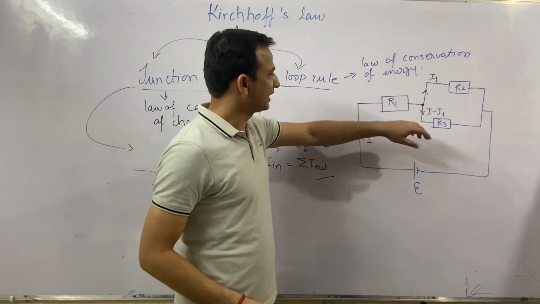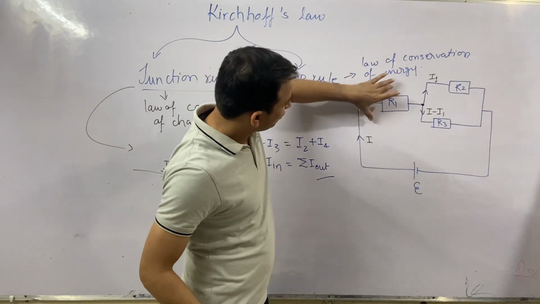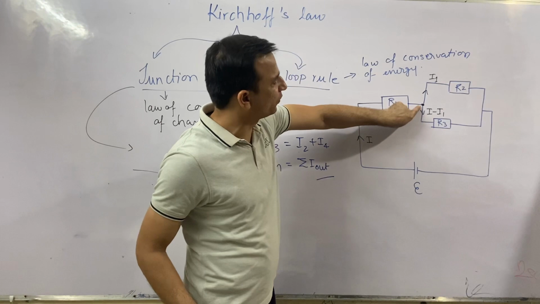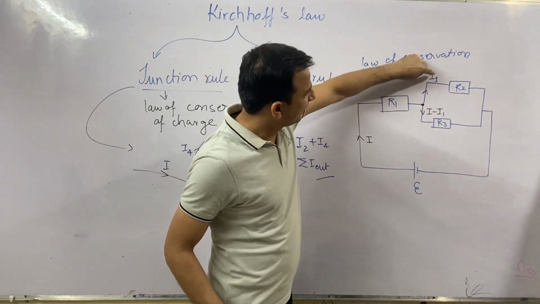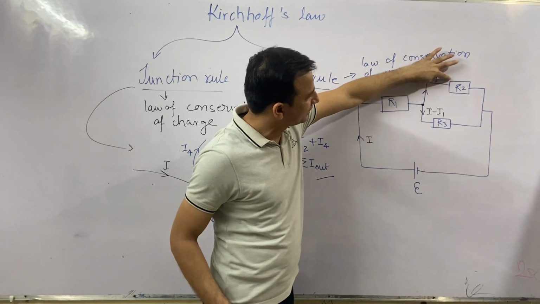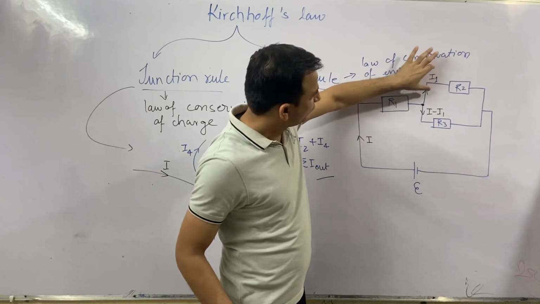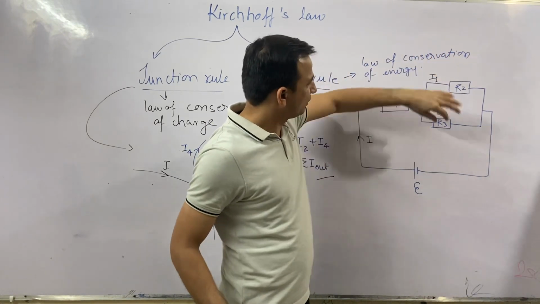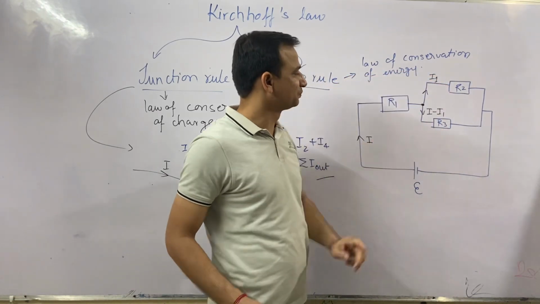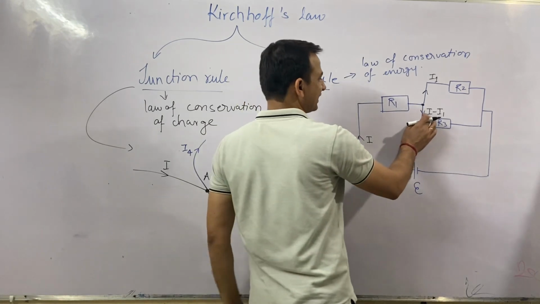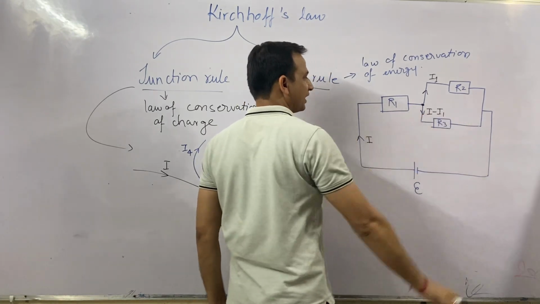Why I minus I1? Because I was the total current reaching this junction, and I1 got split into the upper part of this circuit, flowing through R2. Now the remaining current will find a path through R3. So the remaining current is I minus I1.